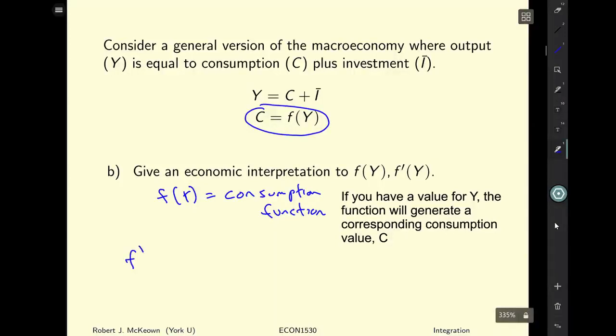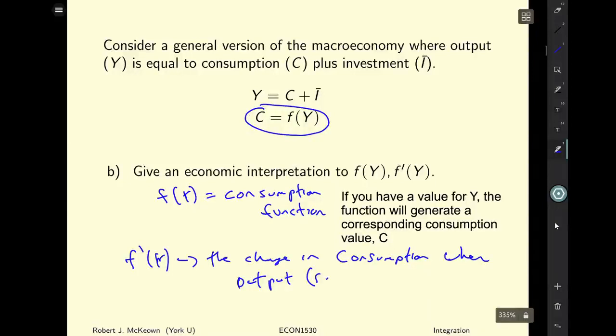So you plug in the Y, some number for Y, and it gives you the consumption. f prime Y is the change in consumption when, well, we'll call it output, and if you're in Econ 1010, real GDP changes.